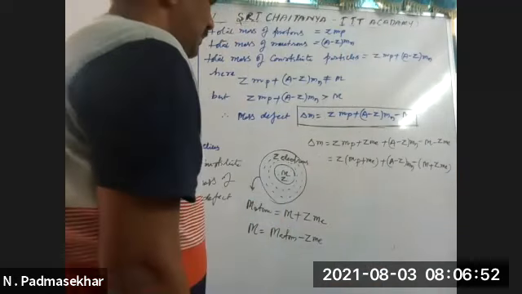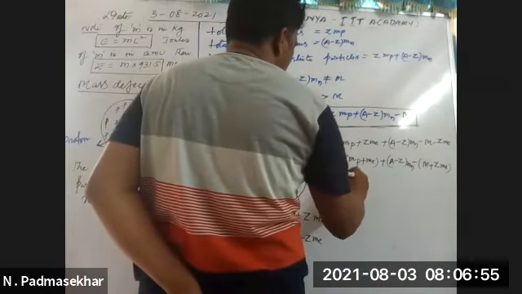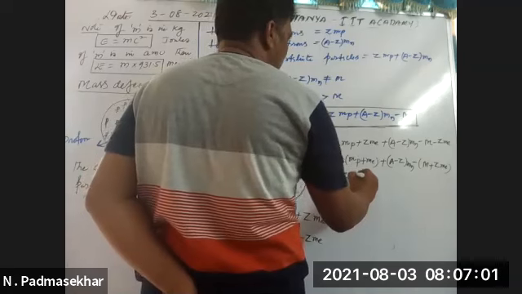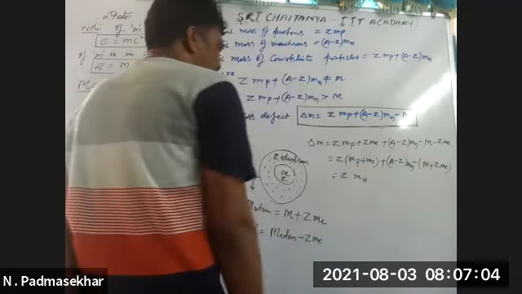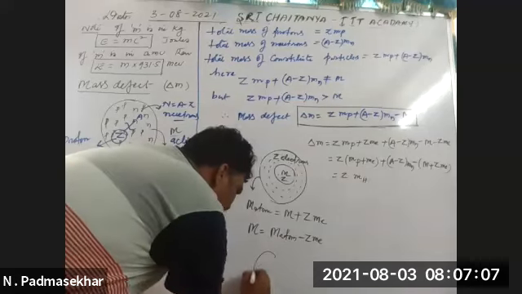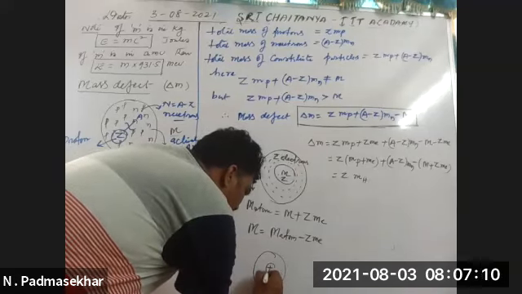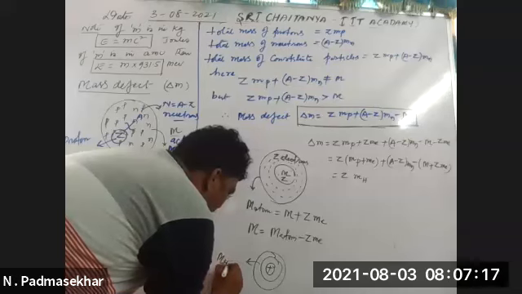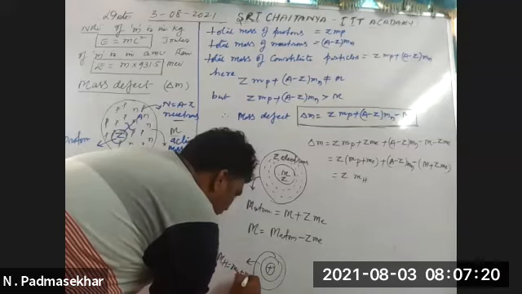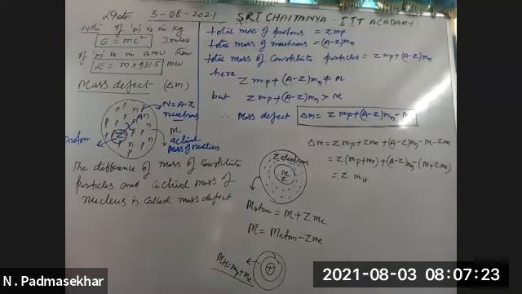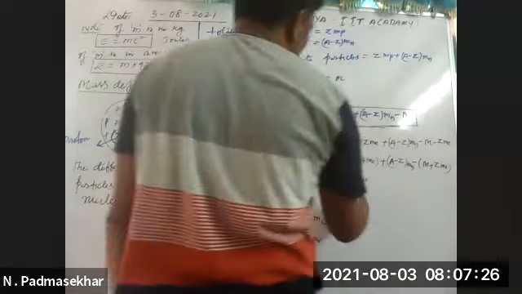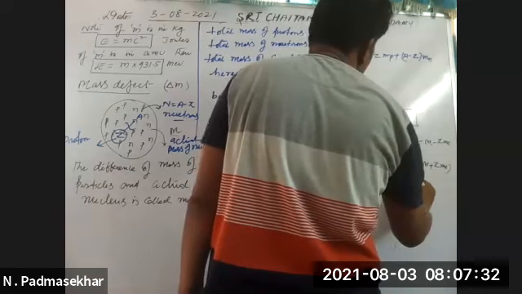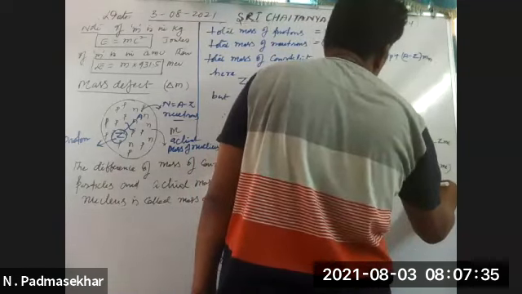Here ZMP plus Me, the mass of the proton plus the mass of the electron, is nothing but the mass of the hydrogen atom, because a hydrogen atom has one proton and one electron.